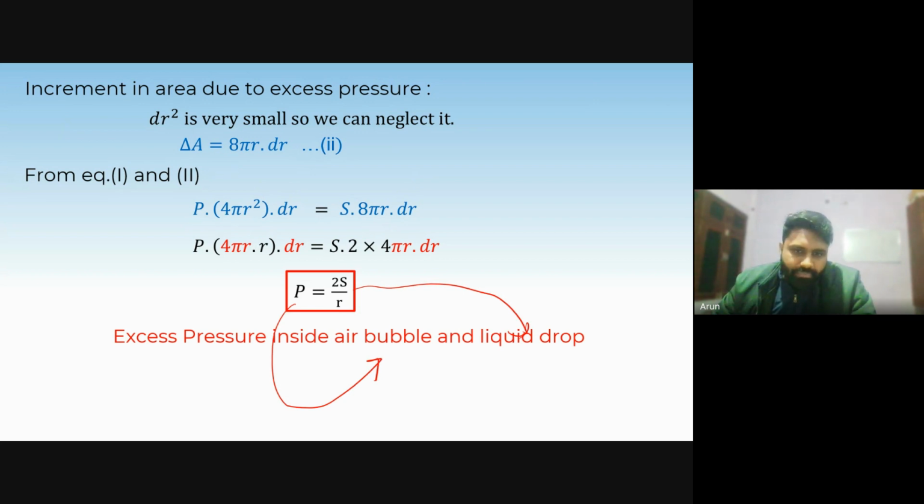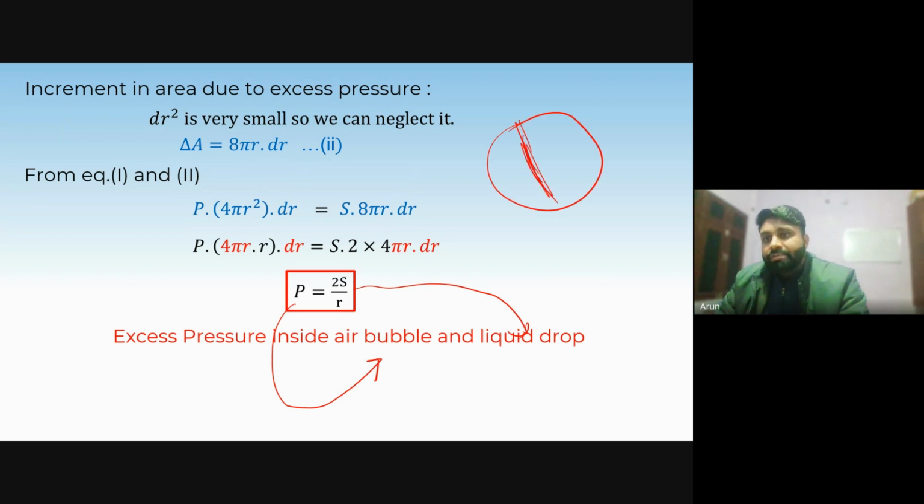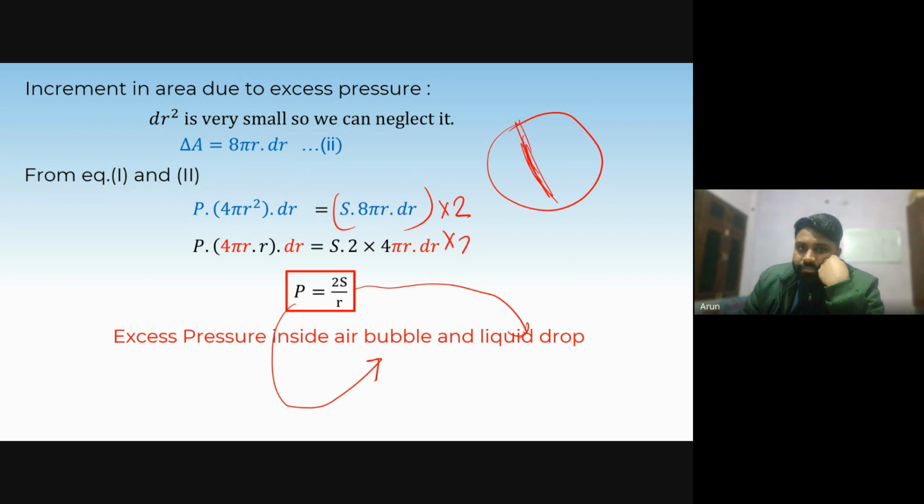Now, you can also skip the expression for the soap bubble and directly make the conclusion here. Because the soap bubble has two surfaces of interaction, the surface energy change will be 2 times.